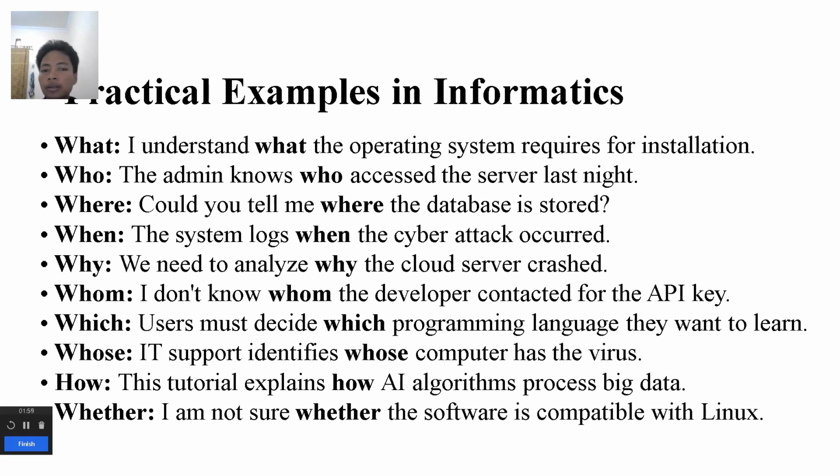Example, the admin knows who accessed the server. Third, whom? I don't know whom the developer contacted. Fourth, where? Tell me where the database is stored. Fifth, when? Example, the system logs when the errors occur.